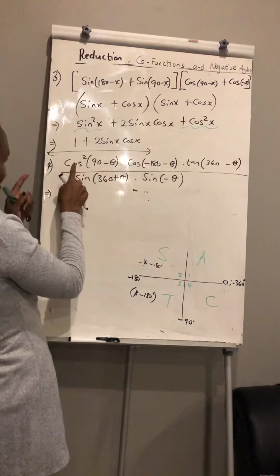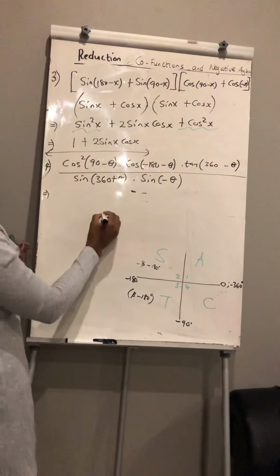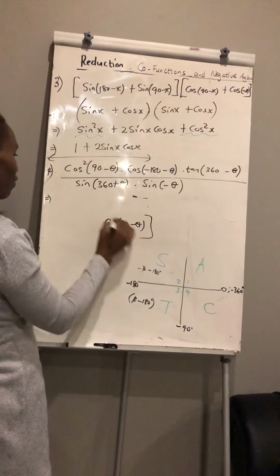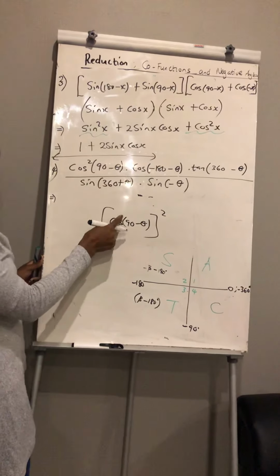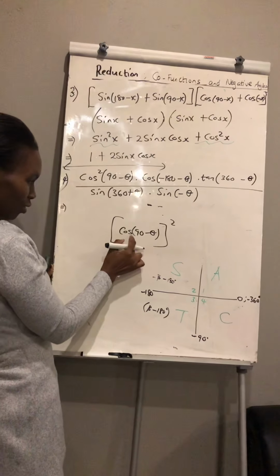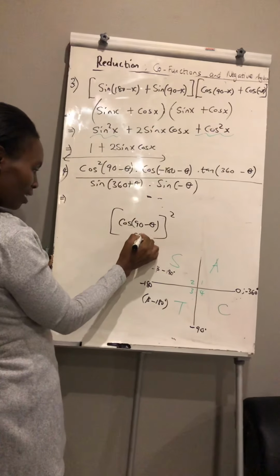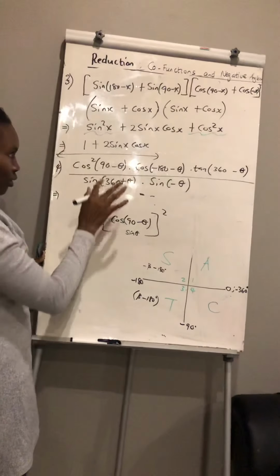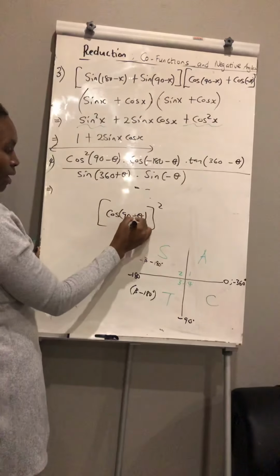This squared means cos(90 - theta) and everything squared. It's practically this. I told you before that we don't do that. We prefer putting the squared over here. So what you do is you change this one, which is going to change to sine theta. So this is the same as saying sine theta, and you square it. So the reason I want you to not worry much about things that are squared, imagine if it was plus.